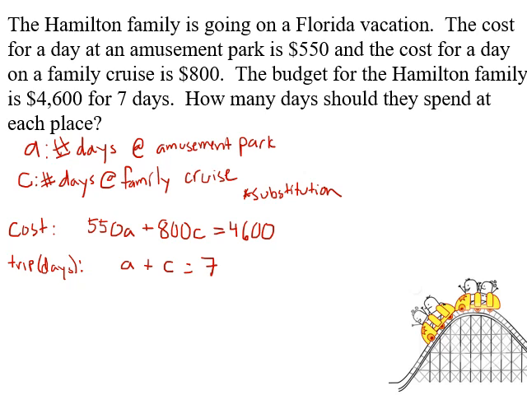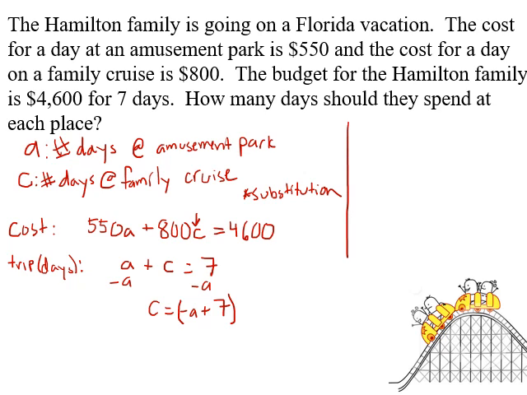So in order to solve using substitution, I need to isolate a variable. So I'm going to get C by itself by subtracting A. I now have that C equals negative A plus 7. I can substitute what C equals in for C in that first equation.